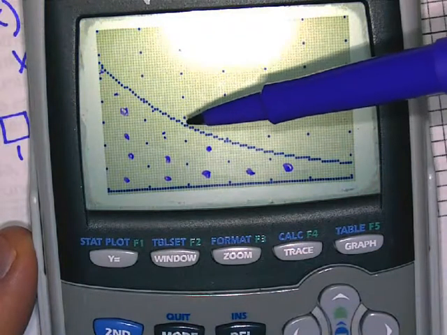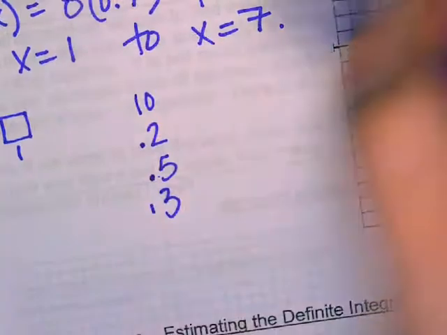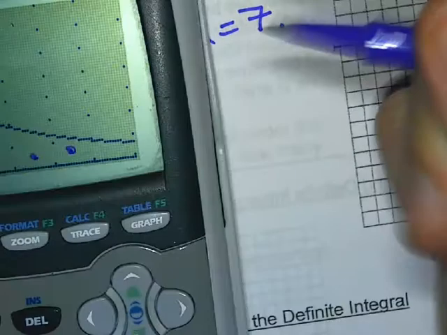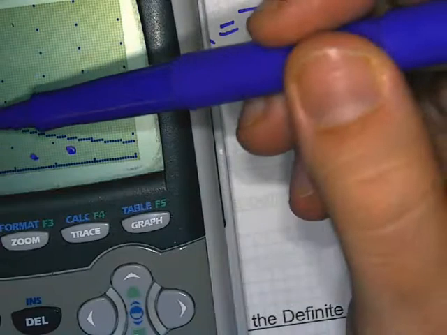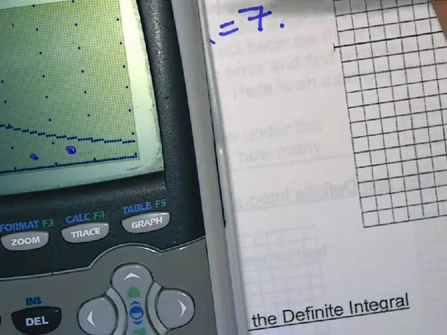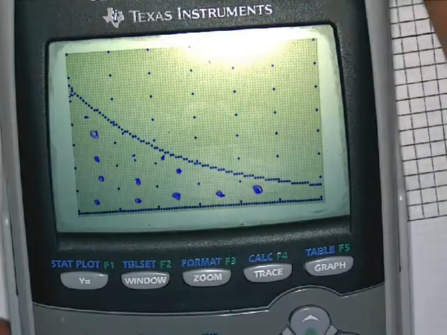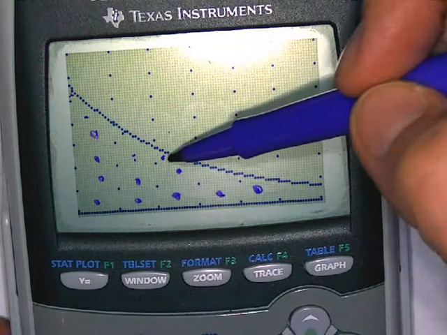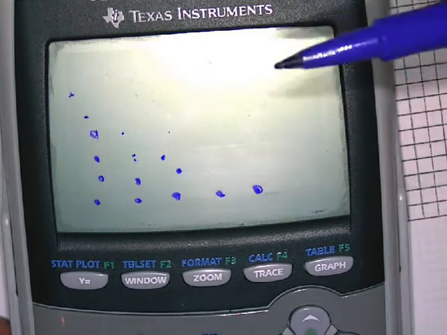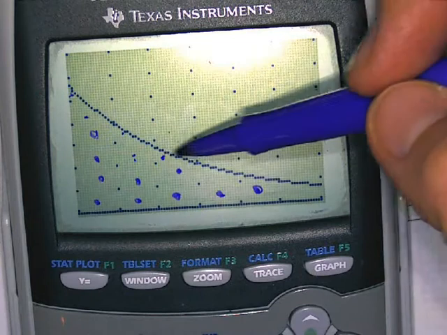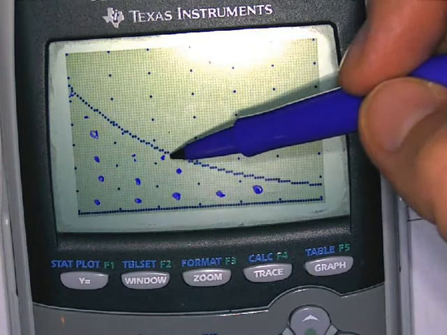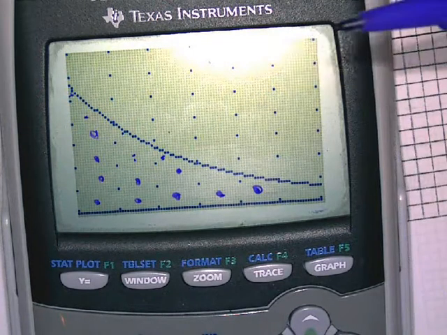Maybe 0.9 because it's really close to being the whole thing. Okay. Right here. Sorry, I forget I zoomed in. Right here. Like 0.3. Okay.